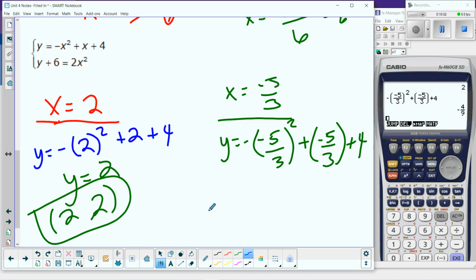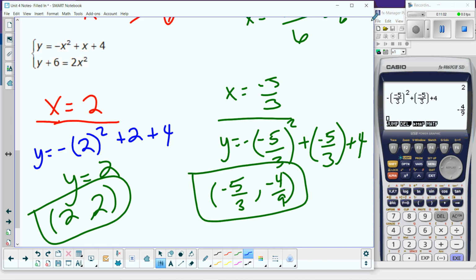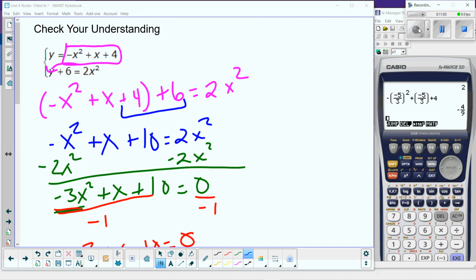So we get x is negative 5/3 and y is negative 4/9. So those are our solutions. So this is our part 1. We're going to take 2 days on this. You will have a part 2 video.